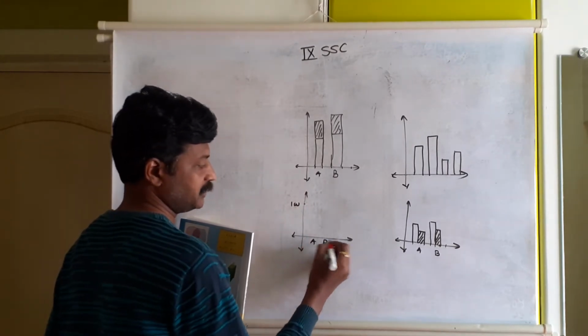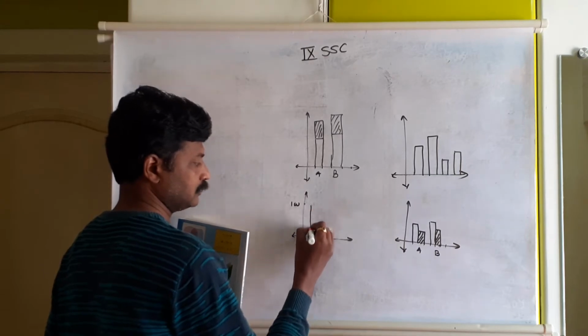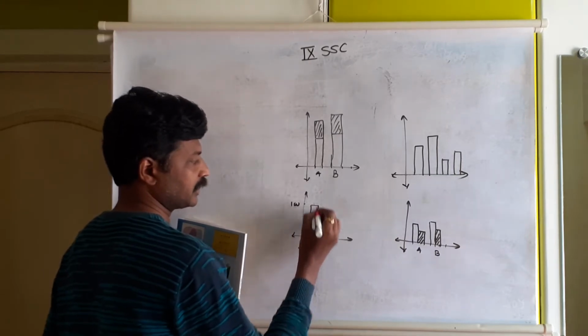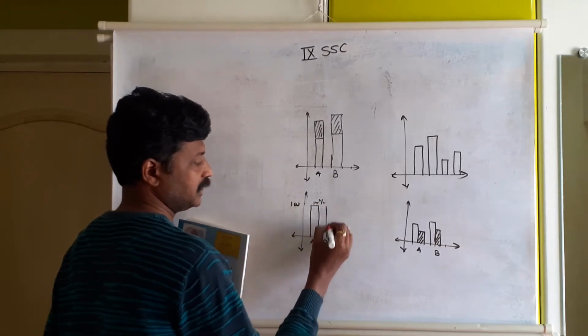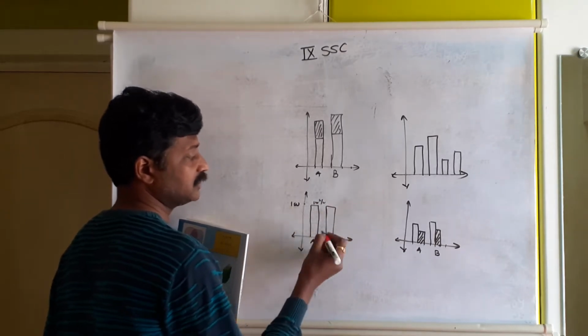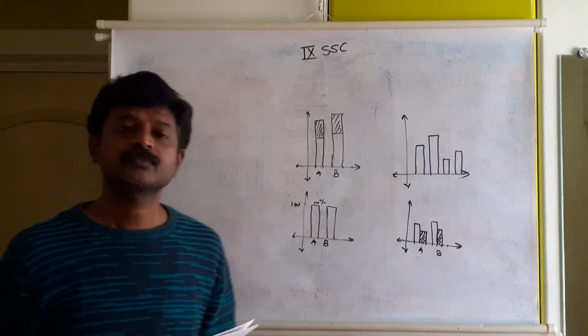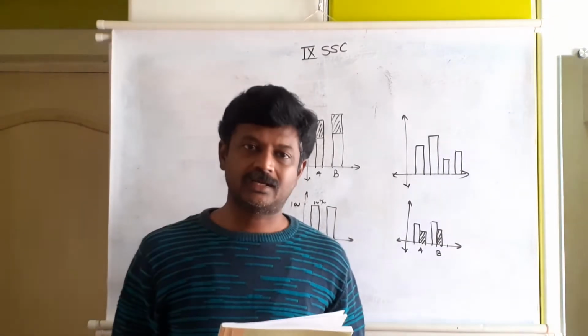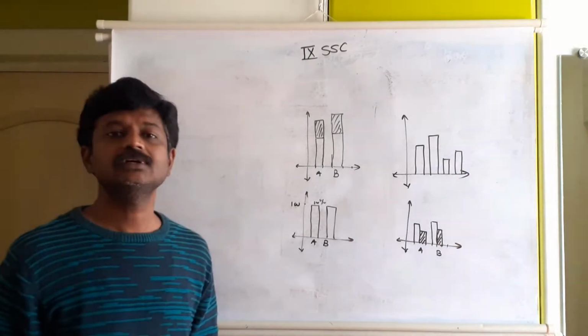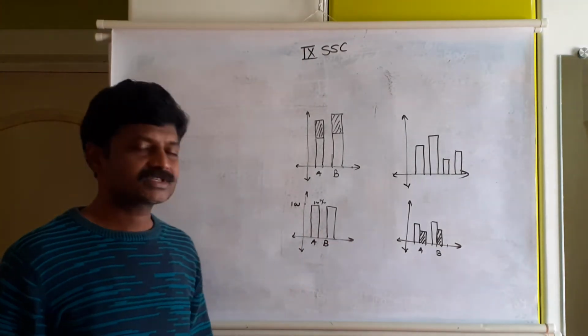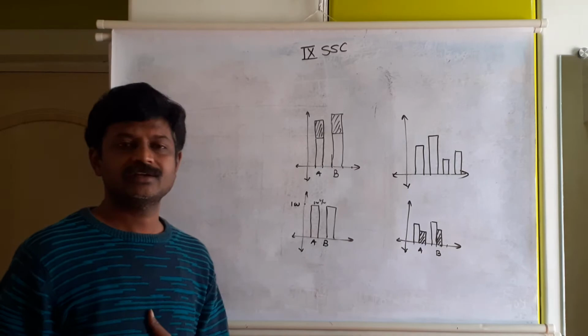Division A, division B and so on. For every division this is 100%. So the height will be the same for all the classes. When we study that particular thing, you will understand it better.